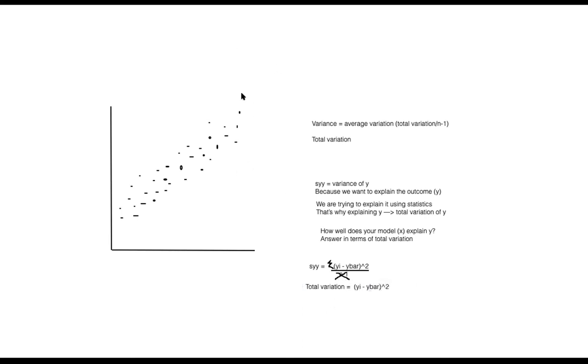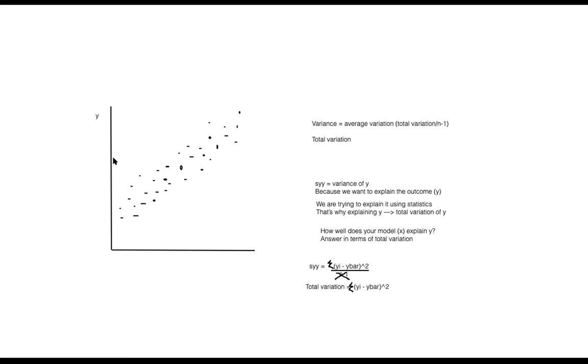And then let me add the sigma here. So this is what we're interested in. Given that your dependent variable varies by this much, how much of this variation is your model able to account for? Now if I were to represent total variation visually, let's say this is the y variable on the y-axis, the y values, and this is the maximum y value, and this is the minimum y value.